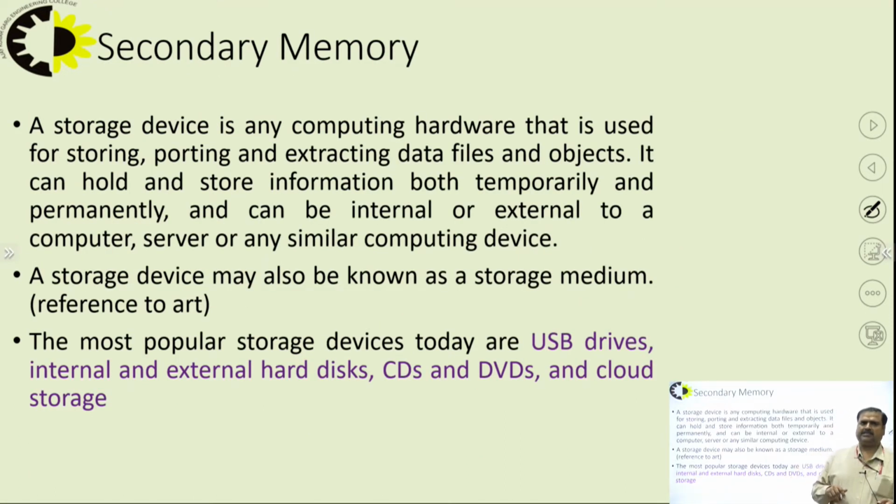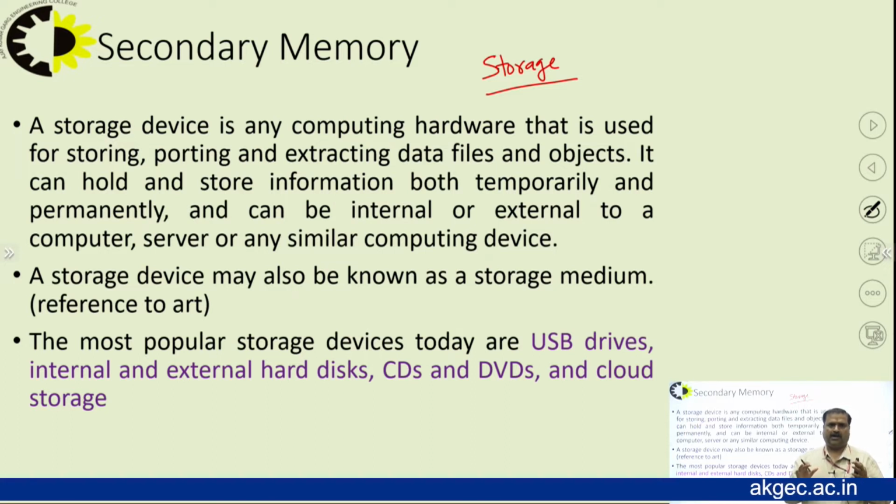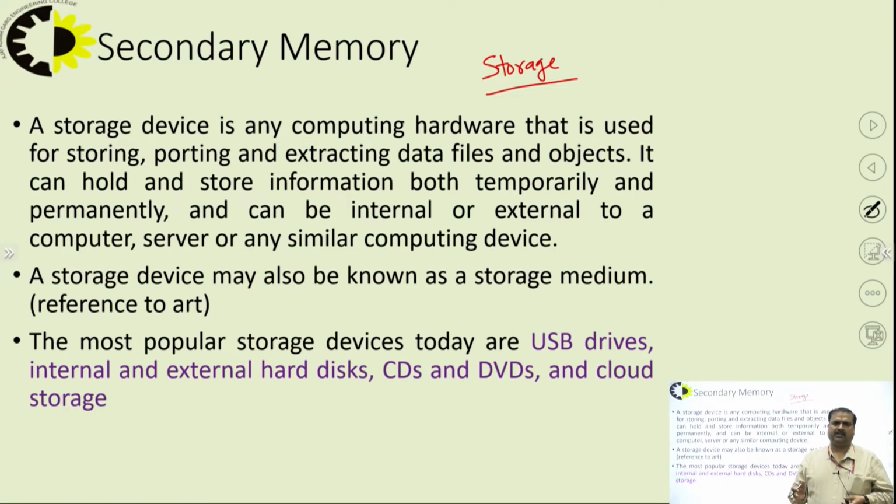Now the next thing is secondary memory. Whenever we talk about secondary memory, we sometimes treat it as storage also. Sometimes we call it storage. So secondary memory means a memory device for computing hardware that is used to store, port and extract data files and objects.